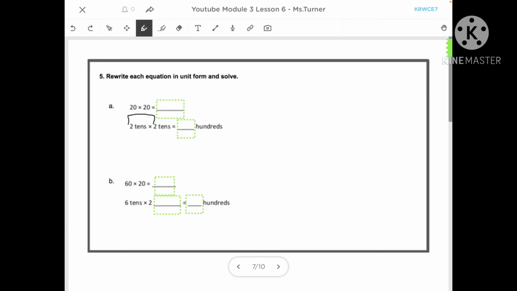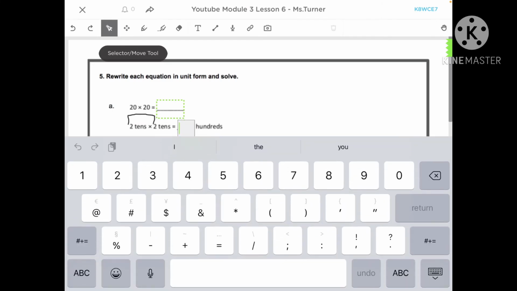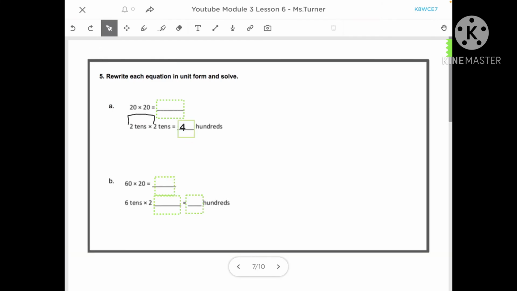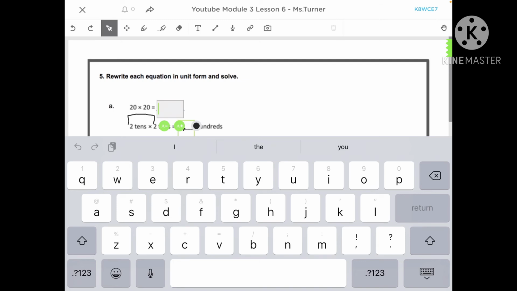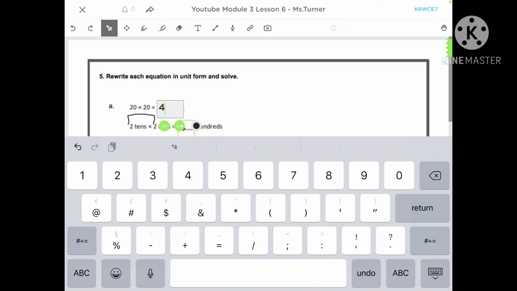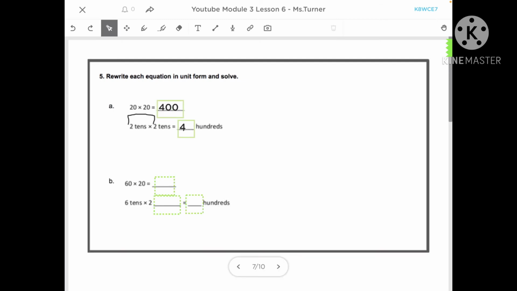Remember, you're looking at your base numbers and then you're going to be determining your unit afterwards, or your place value afterwards. So 2 times 2. Good. 4. So 2 tens times 2 tens equals 4 hundreds. We already know that the way we write 4 hundreds is 400.